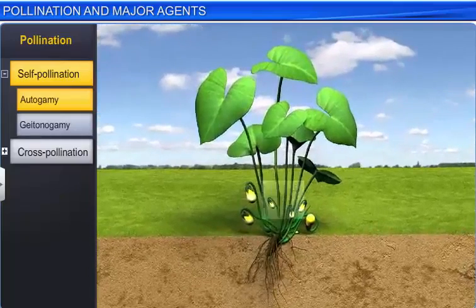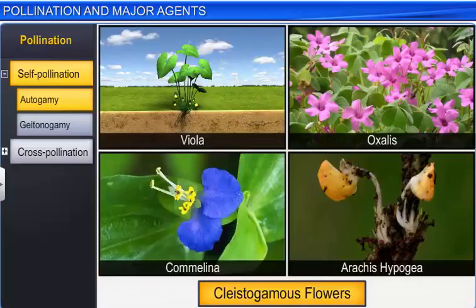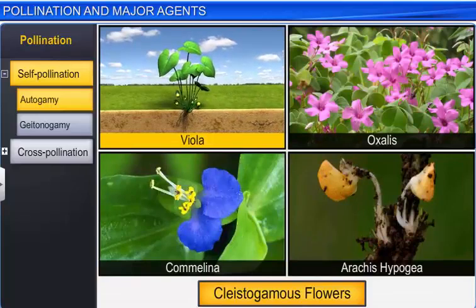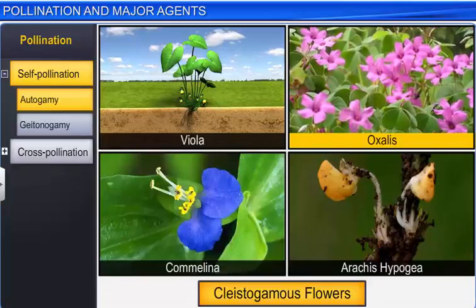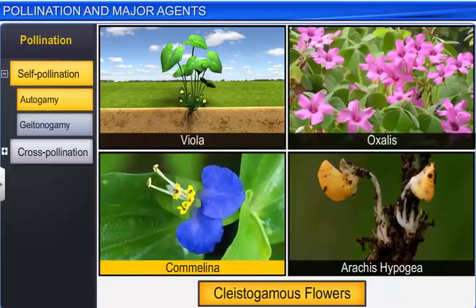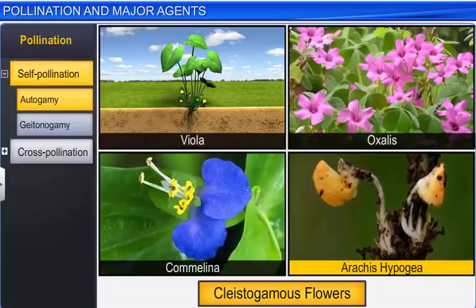And is seen in cleistogamous flowers or flowers which do not open at all. Produced by plants such as viola, oxalis, camelina, and Arachis hypogea or peanut.